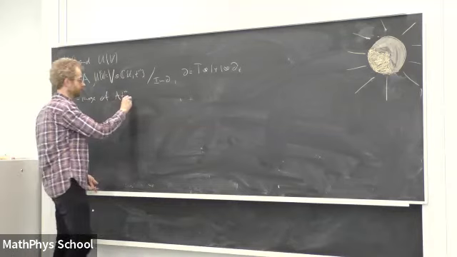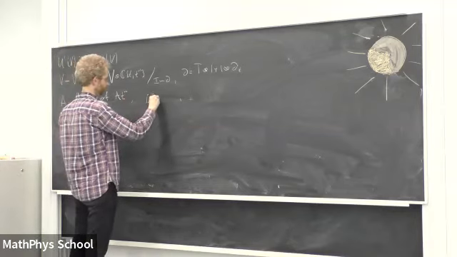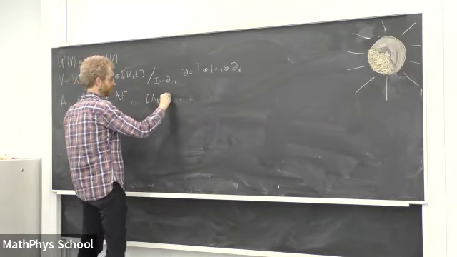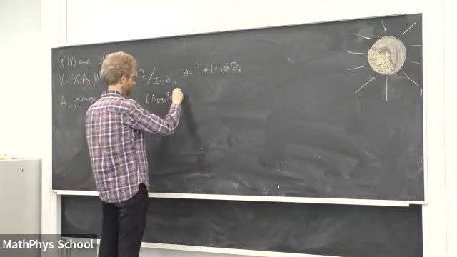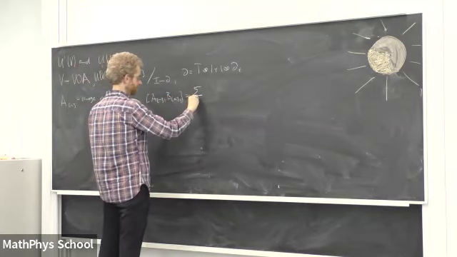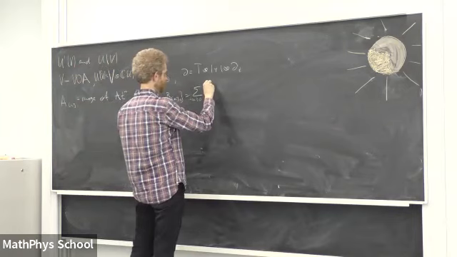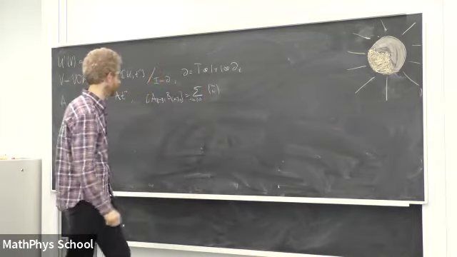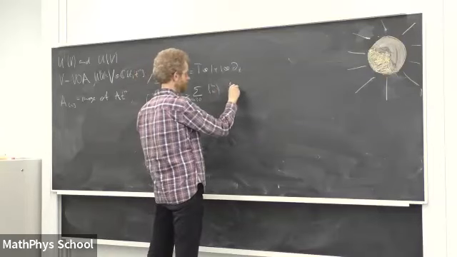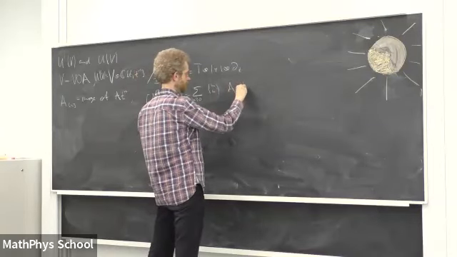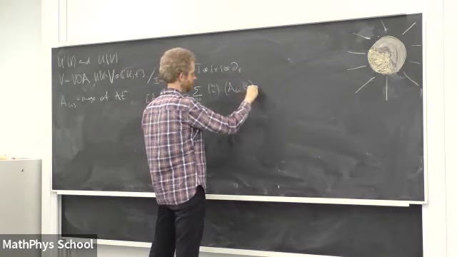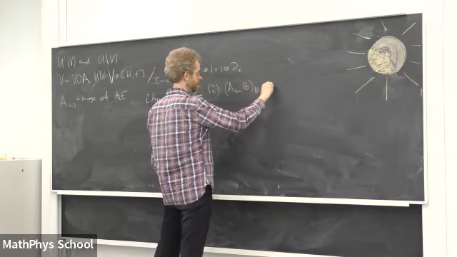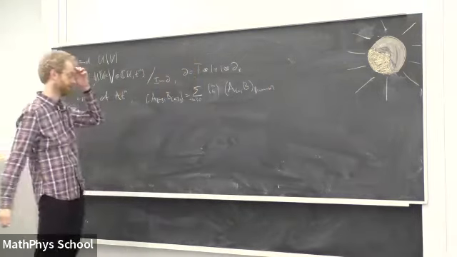So the bracket is given by [A_m, B_k] is the sum over n of the binomial coefficient (m choose n) times (A_n B)_{m+k-n}.